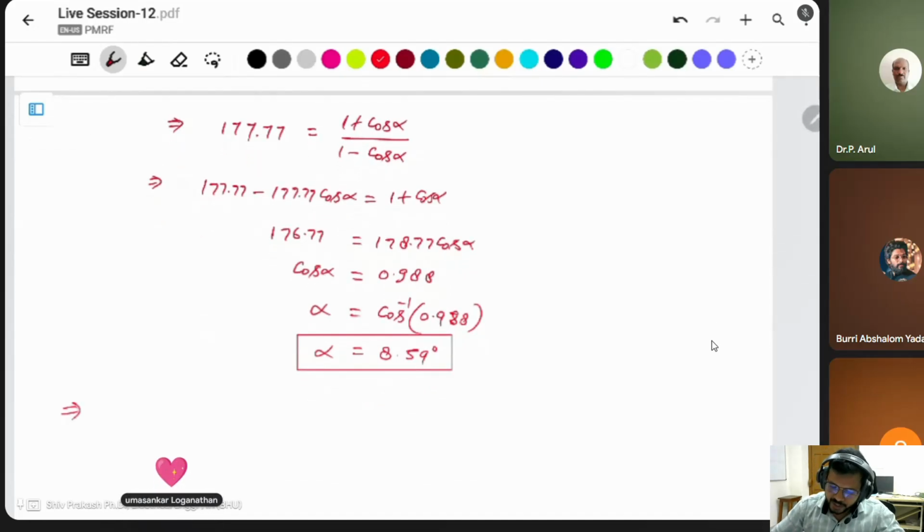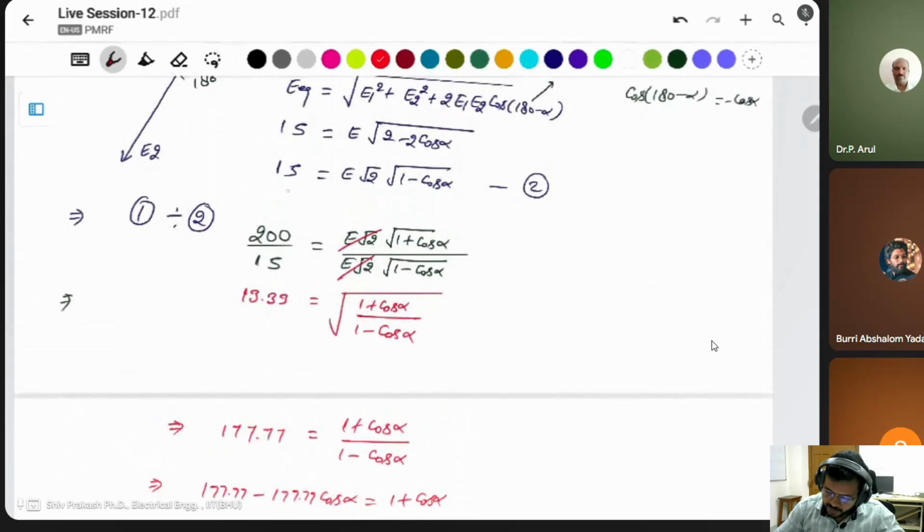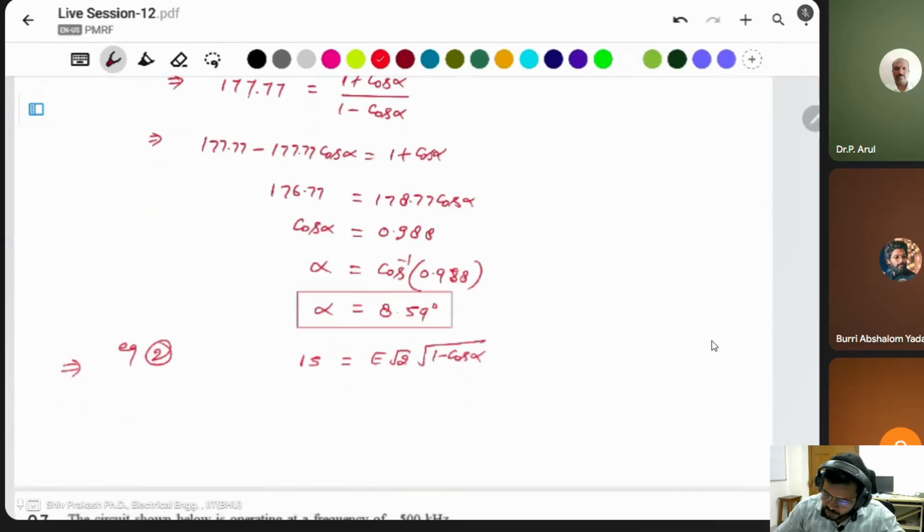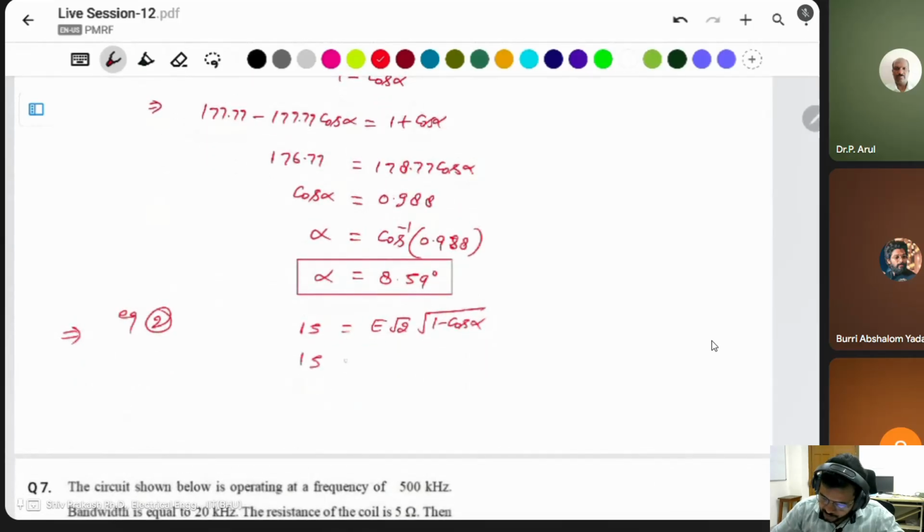You can put the alpha in any one equation. Suppose equation number second: 15 is equal to E root 2 root of 1 minus cos alpha. Put the value of cos alpha here. 15 divided by root 2 equals E times root of 1 minus cos alpha. Cos alpha is this one, 0.988.